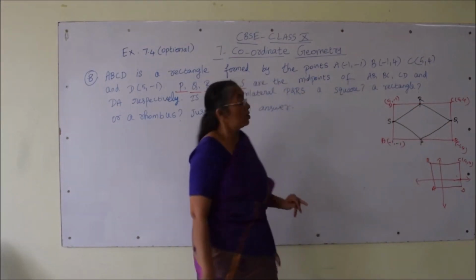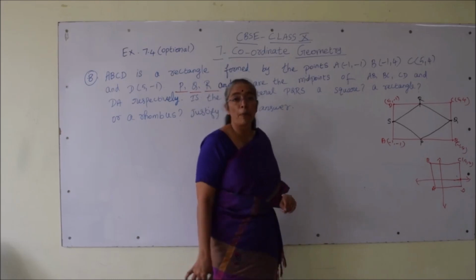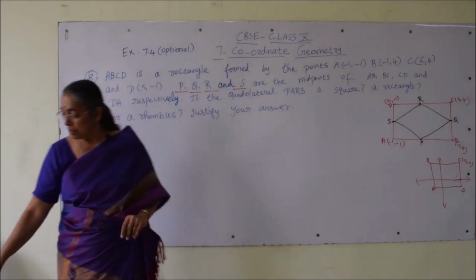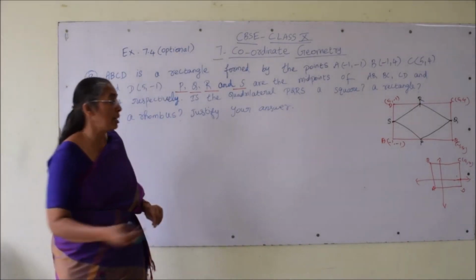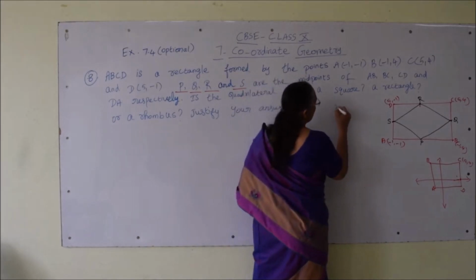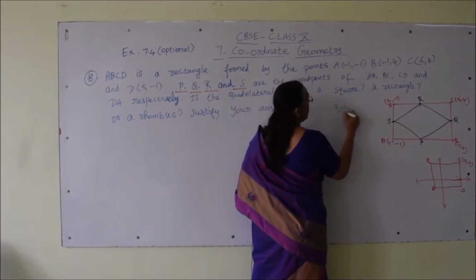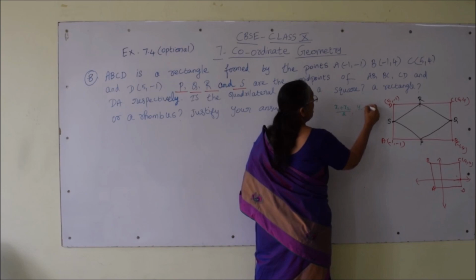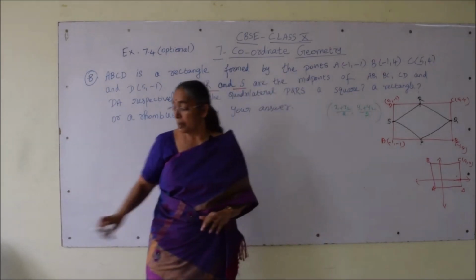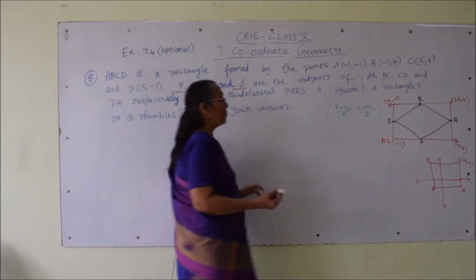Right? So first shall we find out the midpoints? What is the midpoint formula? For the line joining the points (x1, y1) and (x2, y2), the midpoint is given as ((x1 + x2)/2, (y1 + y2)/2). So, using this midpoint formula, what is the P point?